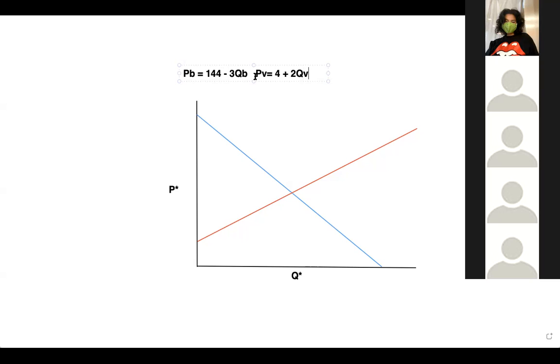So in equilibrium, PV is equal to PB and QV is equal to QB. So we can do our next step here.